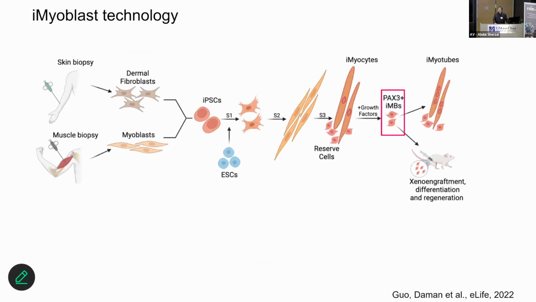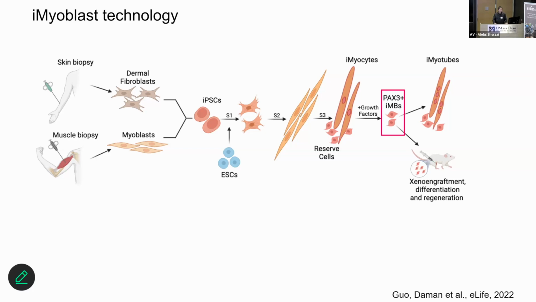Recently, we developed a technology to make functional and maintainable muscle stem cells from iPS cells. We made iPS cells from skin biopsy fibroblasts and myoblasts, and did muscle differentiation through S1, S2, S3 stages.